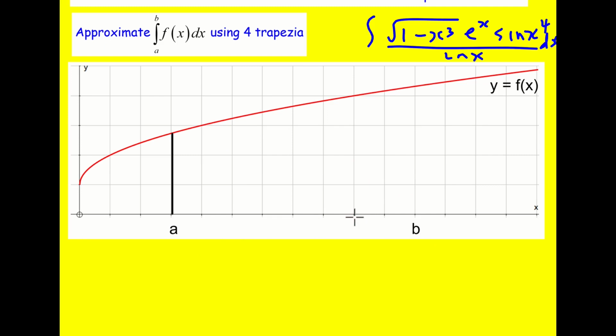Okay, so the first thing is to work out, we're using 4 trapezia, so what's the height? This length along here is going to be the height of each trapezium. Well, I've got 1, 2, 3, 4, 5, 6, 7, 8 squares. So each trapezium is going to be 4 in height. Okay, and I can draw them all on like this.